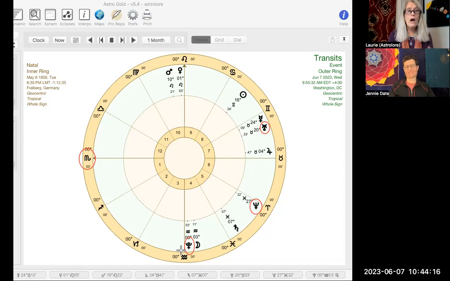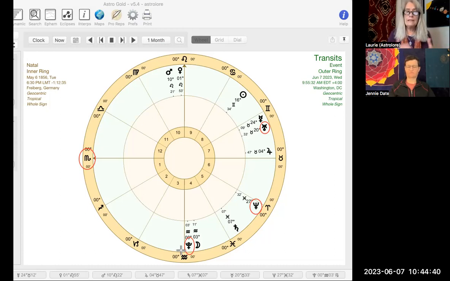But Pluto's real job is to empower. And the challenge is that Pluto is going to destroy whatever is in the way of necessary change in order to reach that empowerment. So Pluto can just wipe things off the table.